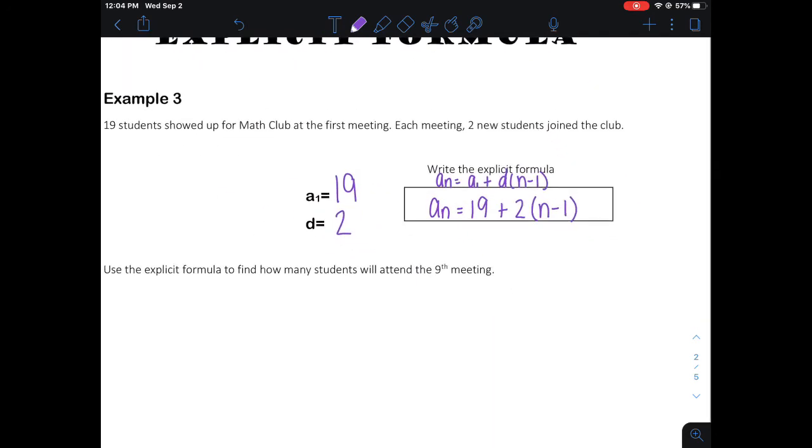Now, use the explicit formula to find how many students will attend the 9th meeting. Yes, you could list out the first 9 terms, but it's asking you to use the explicit formula. If you don't use the explicit formula, I cannot give you credit because that's not what the directions were asking you to do.